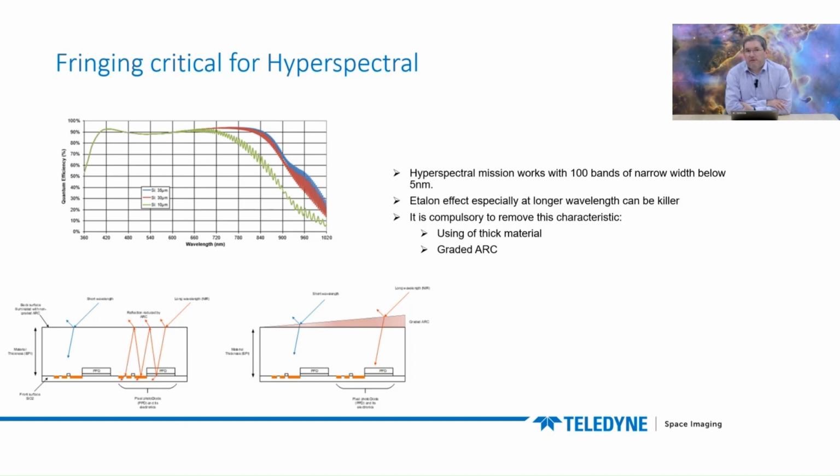It's really important to remove this fringing effect since, as we can see, it's quite high frequency, and therefore, what does that mean for the application? It is that technically we cannot know what the QE will be for a given frequency in the near infrared.